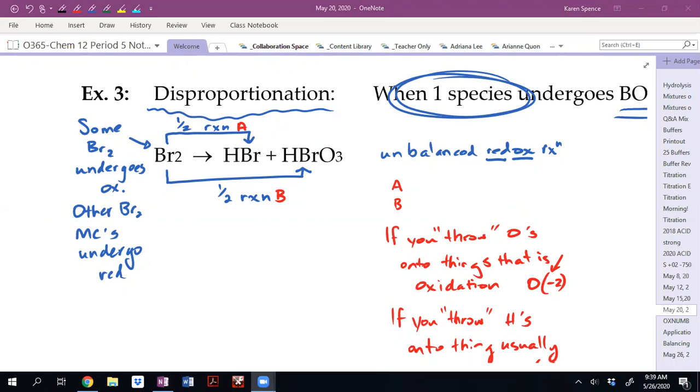So for both of these, what's the oxidation number of Br2? The oxidation number of Br2. Everyone, at least answer it to yourself, even if you don't want to type it in. What is the oxidation number of the Br?